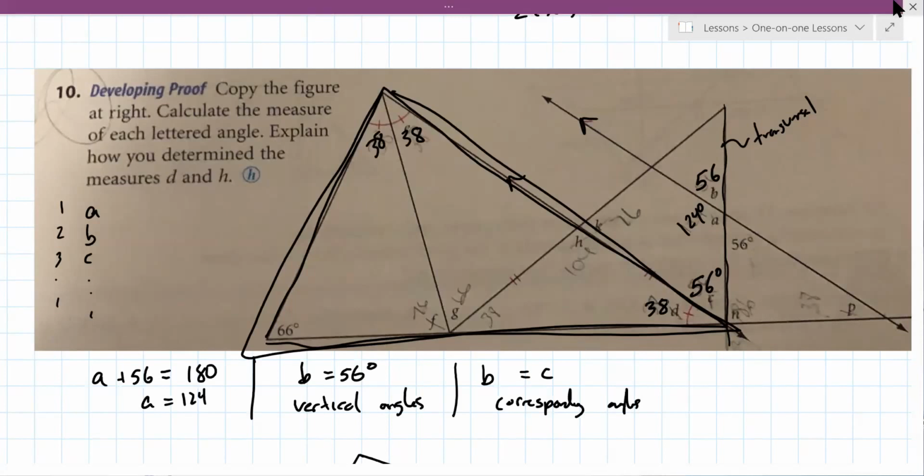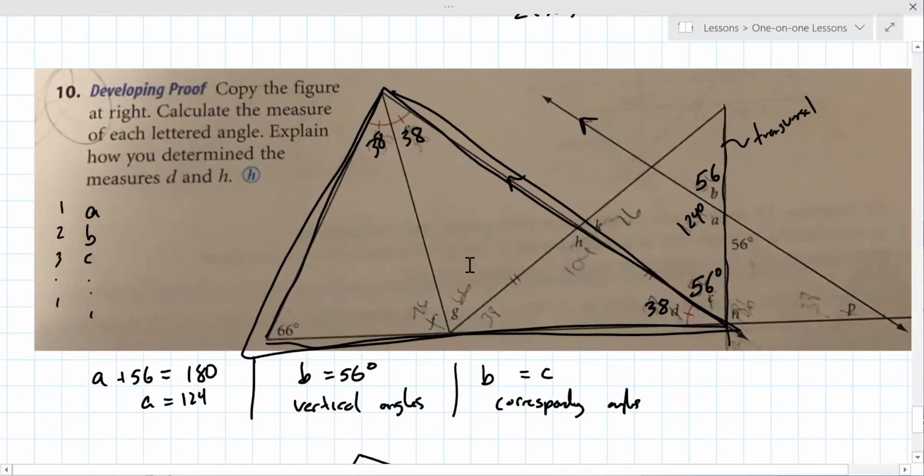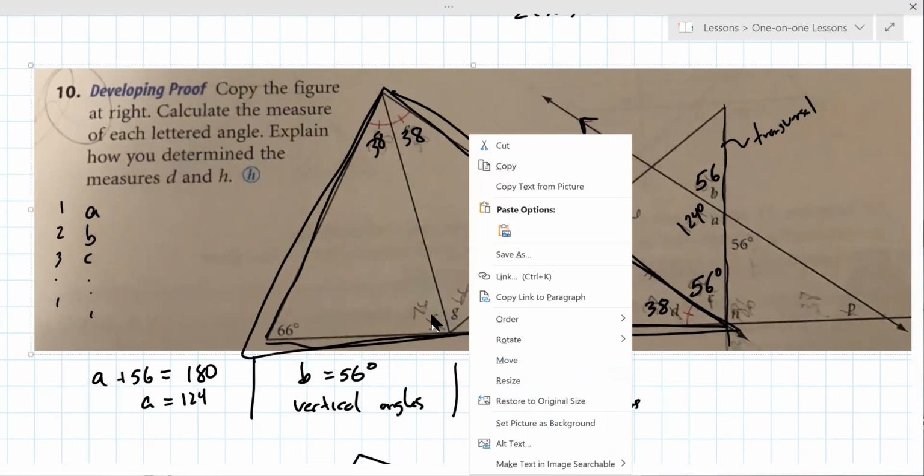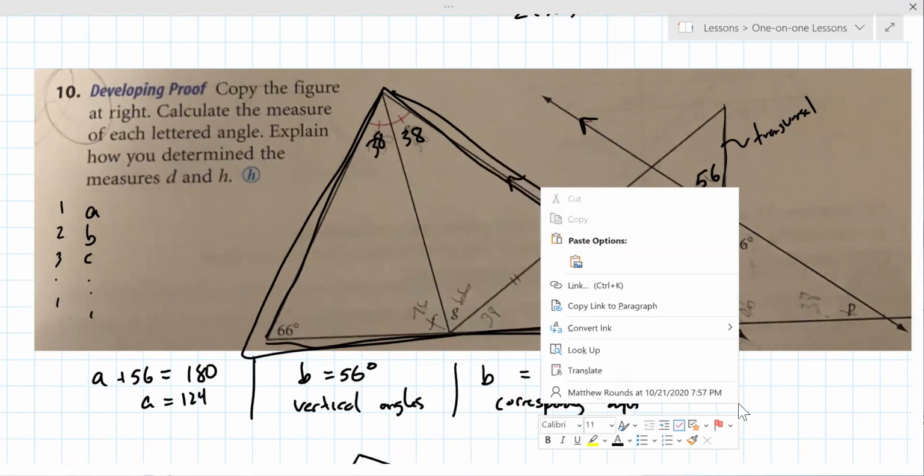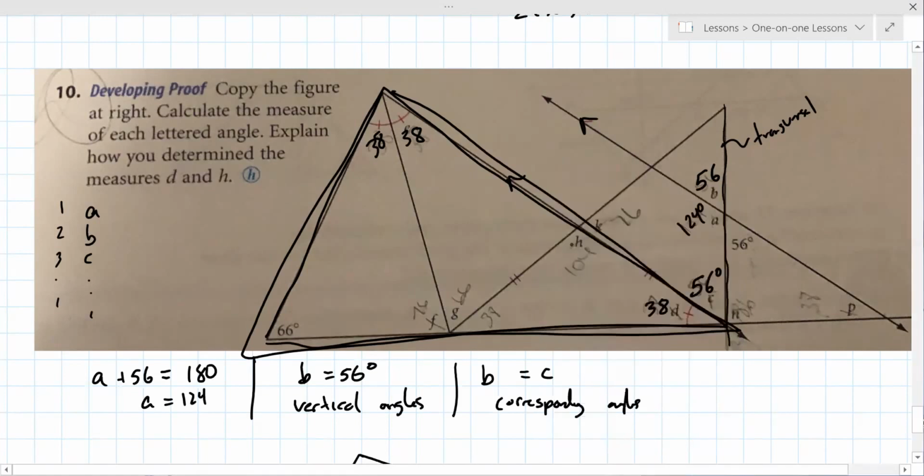This triangle, I guess I got to switch colors here. Can I do that with this? Doesn't look like it. Okay. This triangle is an isosceles triangle because of this double line and this double line.